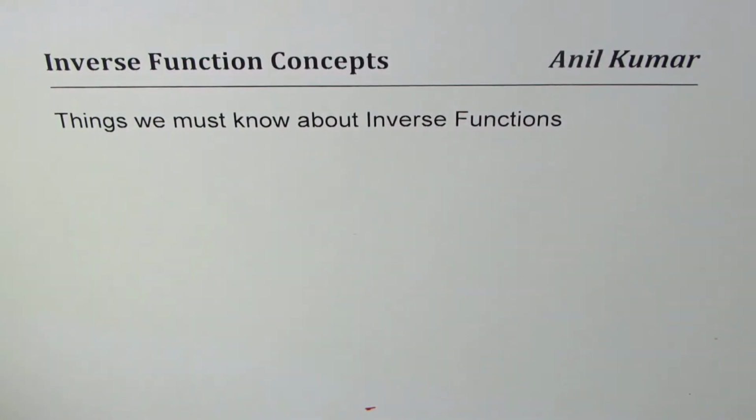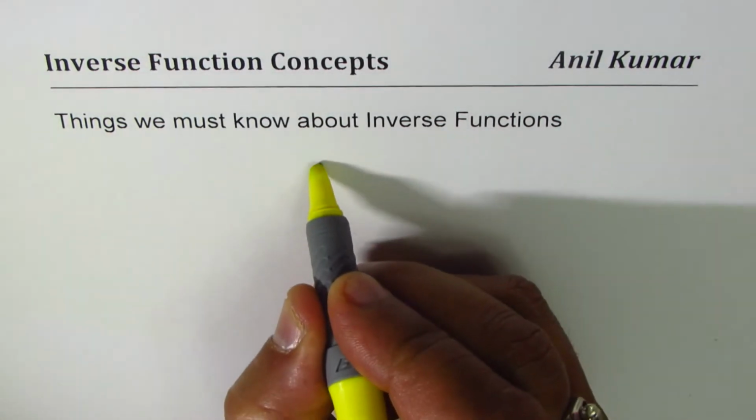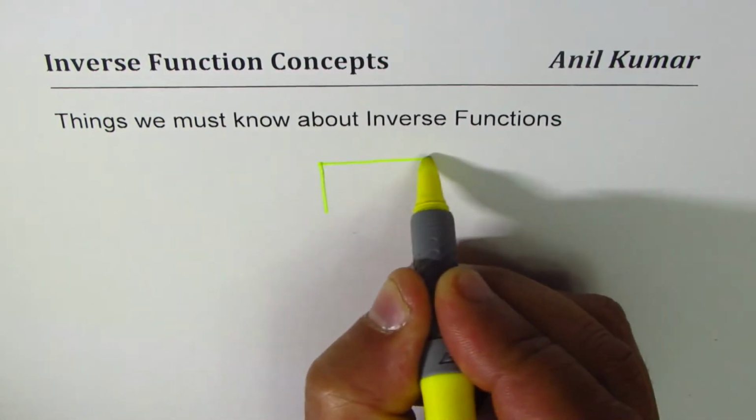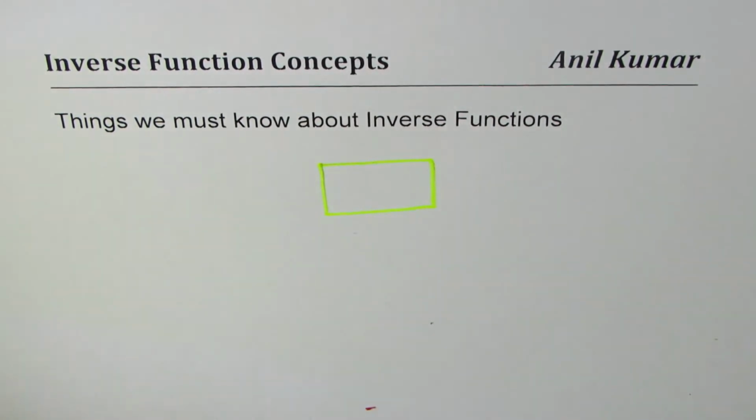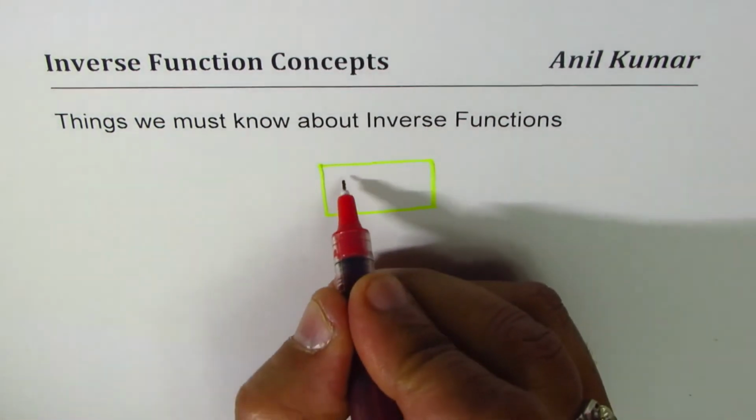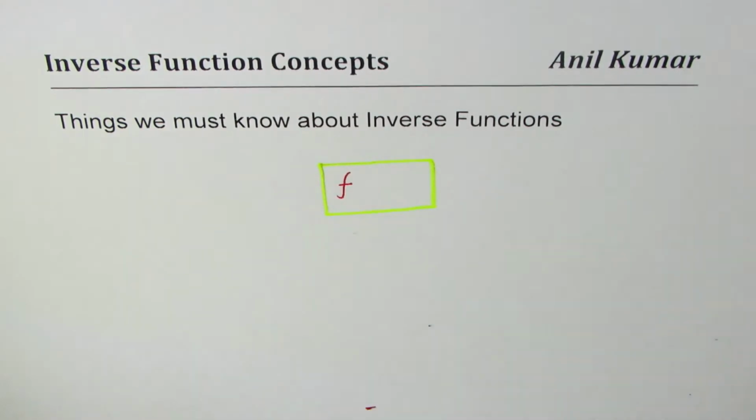I'm Anil Kumar, and in this video, I'll discuss most of the things which you need to know about inverse functions. Let us consider this box to be a function. So we'll normally just say this is like f, right? A function.